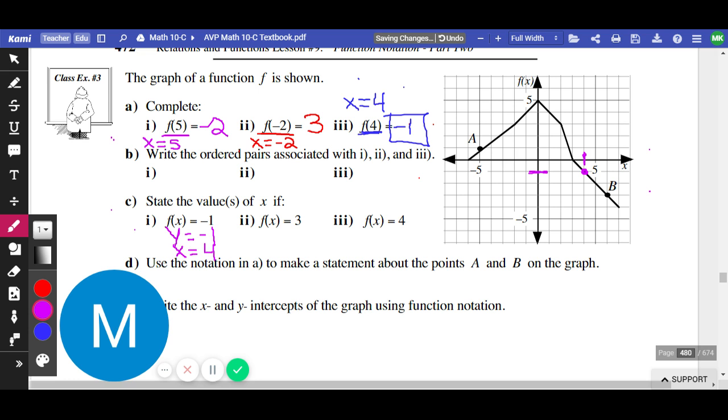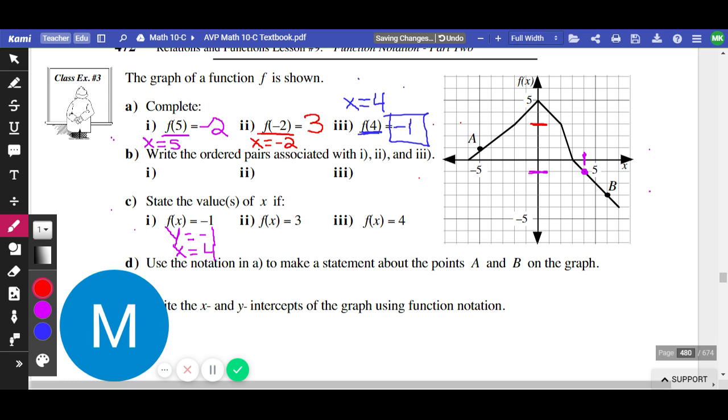For B, when they write it like this, f of x equals 3, they're telling you that y equals 3. So you should look up on your graph, figure out where y equals 3. Right there. And move left or right to figure out your input values. In this case, there's 2 input values that would give you an output value of positive 3.